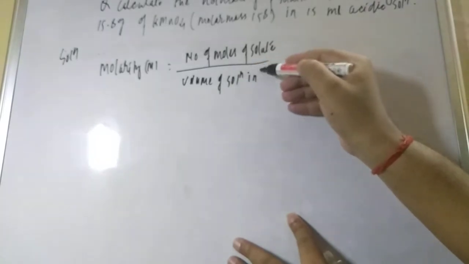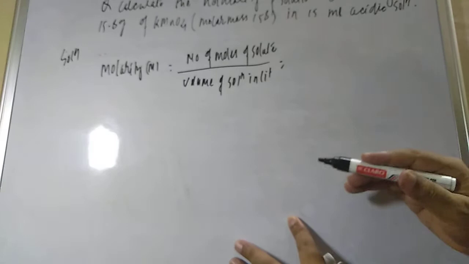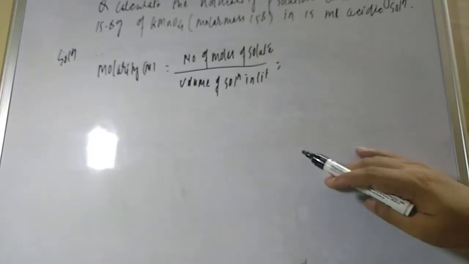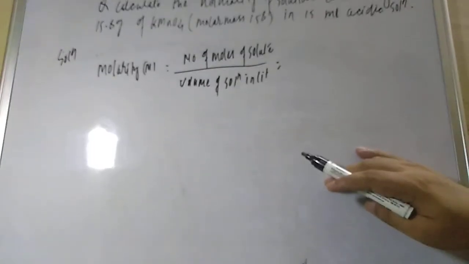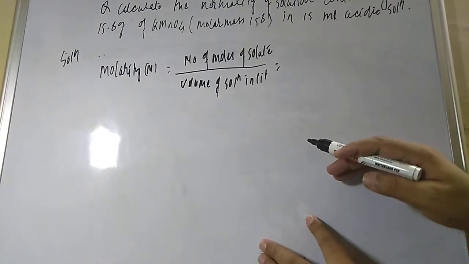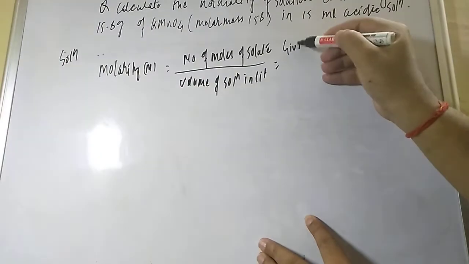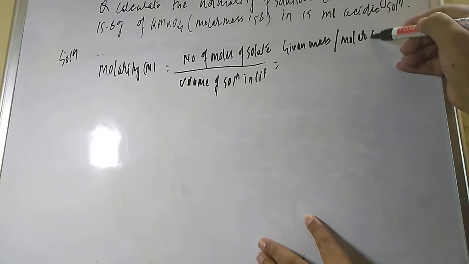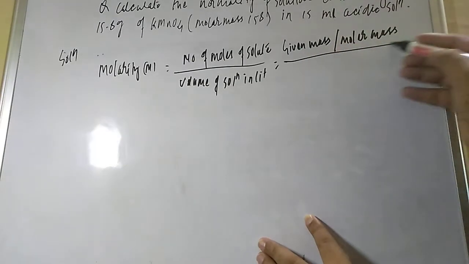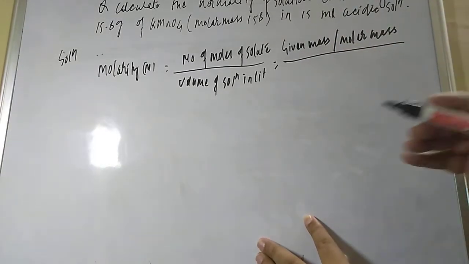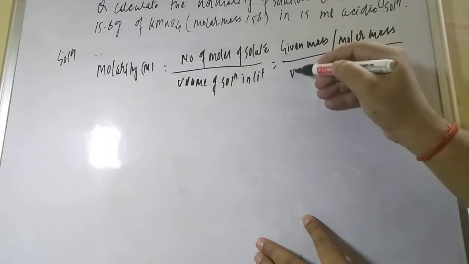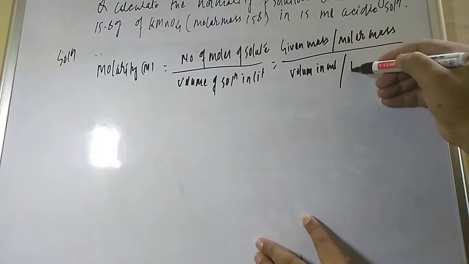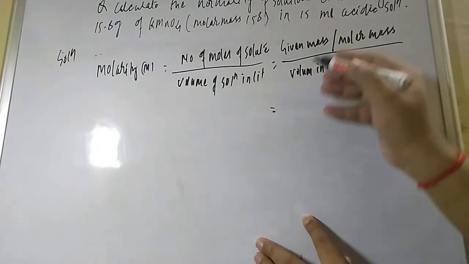Number of moles you calculate by given mass upon molar mass. So given mass upon molar mass divided by volume of solution in liter, that is volume in ml divided by 1000.